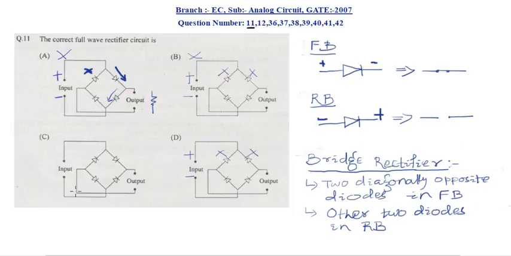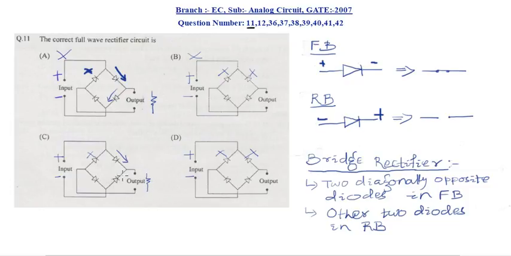So by option elimination you can find option C, or else you can analyze it with the positive half cycle. One diode will be in the off state and this diode will be in conduction. Here the current will face two different paths, one is this one, another is this one.